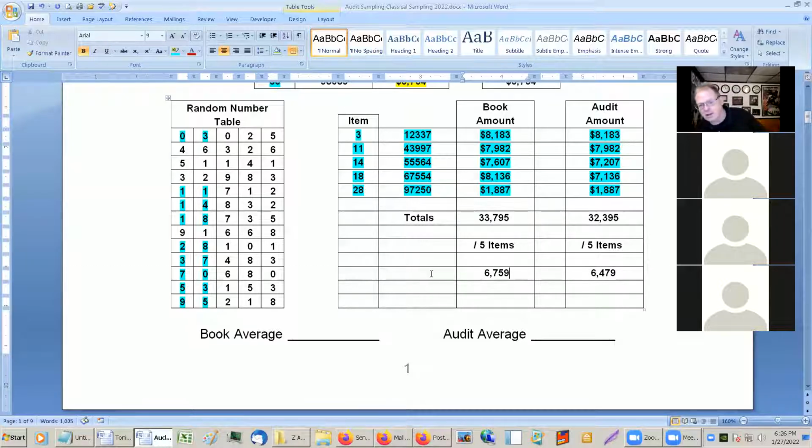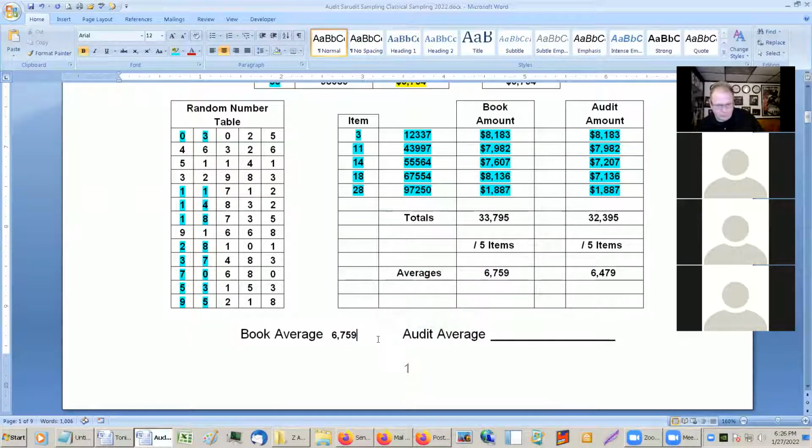Okay, so these are the averages. The book average is this. Oh, that looks funny, I'll fix it later. And then this is the audit average.